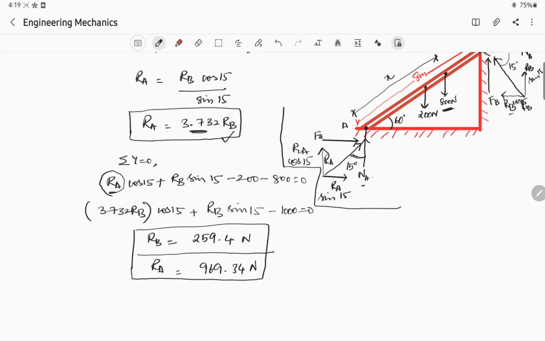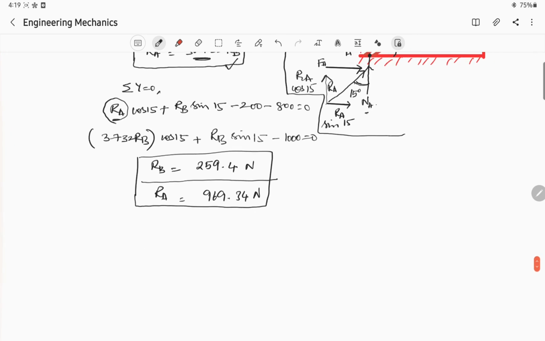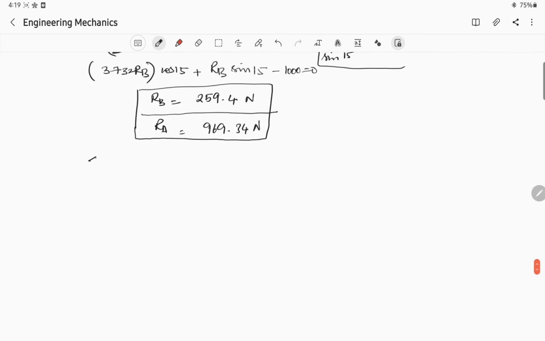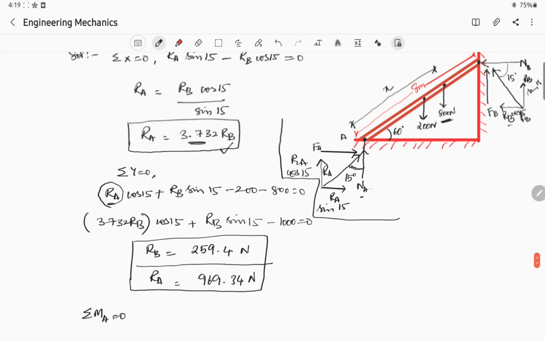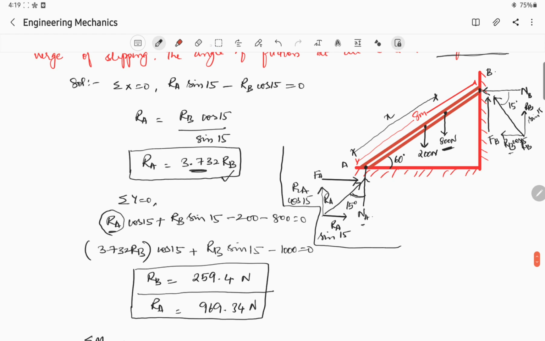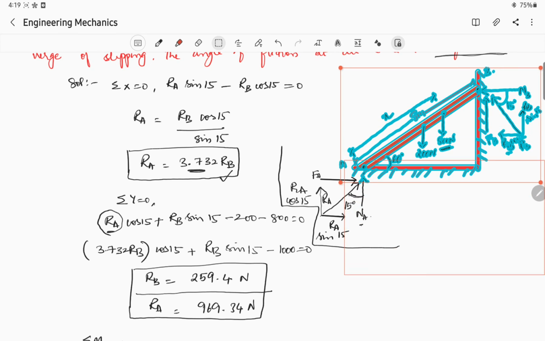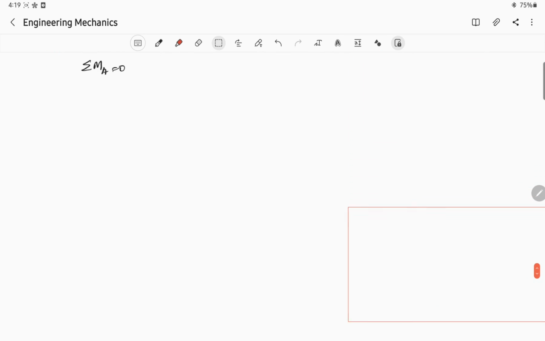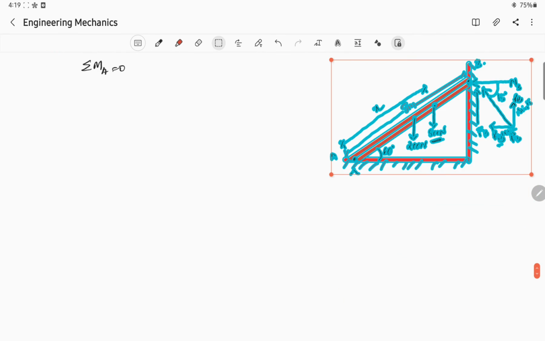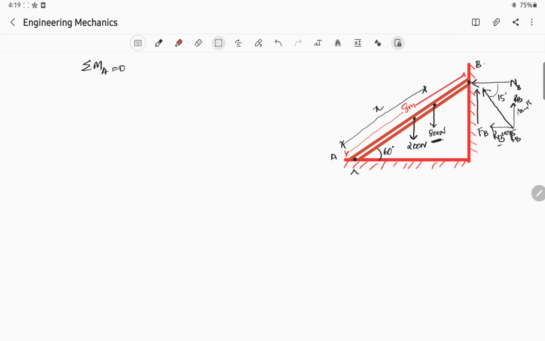So to calculate that, we'll take moment of all forces about point A is equal to 0. We'll take all these forces downward for our calculation. Here we have some values, right?